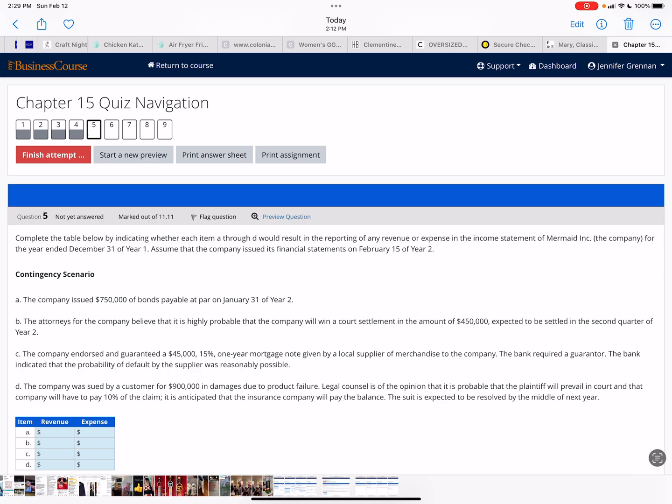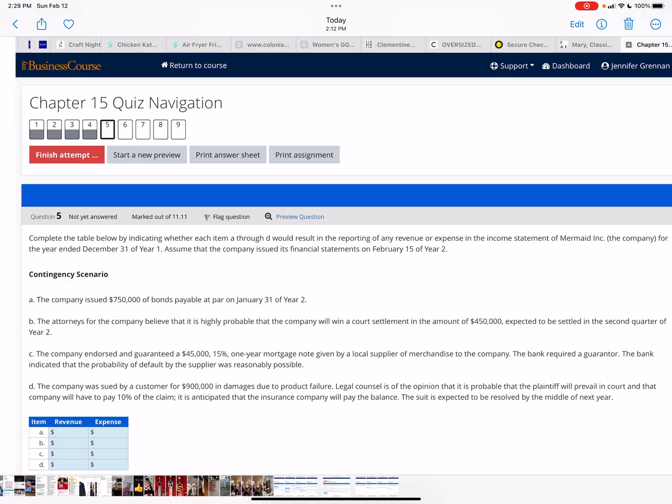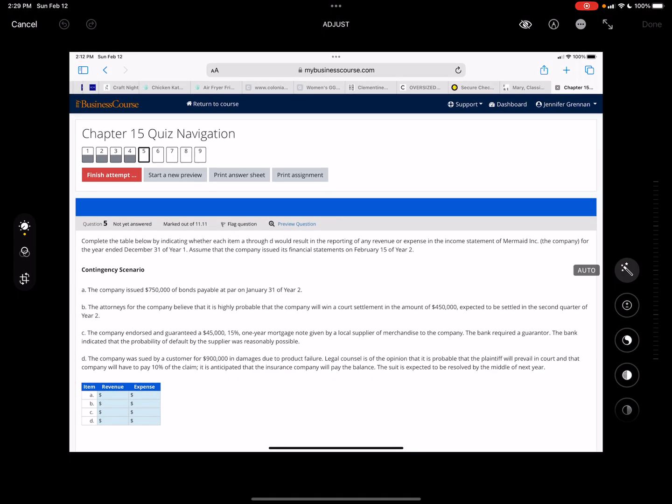So in this one, a company issued $750,000 of bonds payable at par on January 31st of year 2. You may remember we had to think about events as type 1 or type 2. Type 1 we record, type 2 we disclose. We would disclose this. So no impact to revenue or expense.